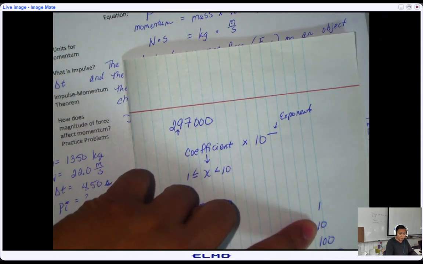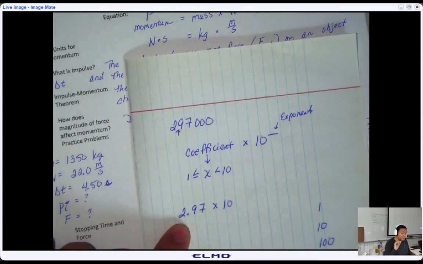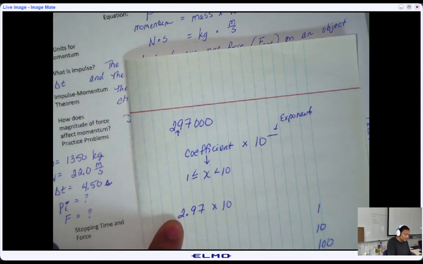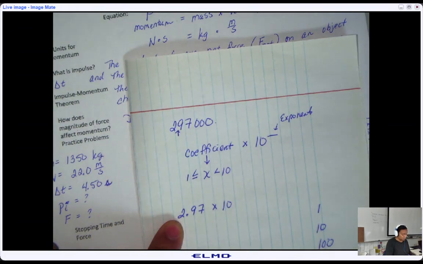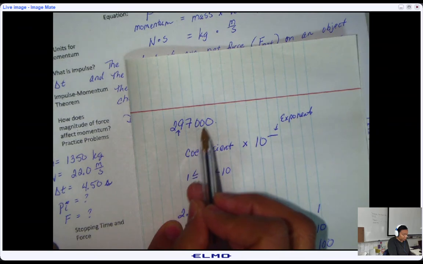Does everyone see that? Okay, so here, when I'm multiplying by 10, I'm moving my decimal. When you are multiplying, you are moving your decimal to the right for every time you multiply by 10. So I just put my decimal here. How many times do I need to move my decimal to the right to make it the original number, which is 297,000? 1, 2, 3, 4, 5.